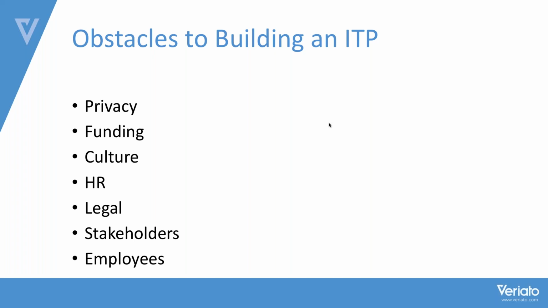I've seen legal act as more of a gatekeeper than an enabler: you can't do this. Stakeholders, I remember one of my classes towards the end, two guys attending the class said, oh, I see this is going to be a real problem. We have remote locations, and they're not going to buy into this.